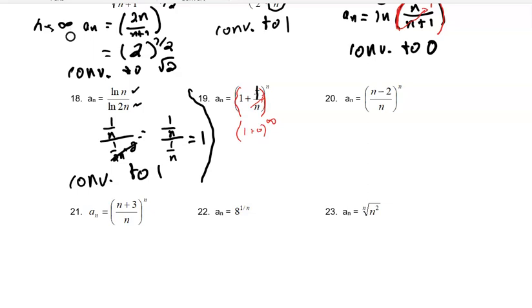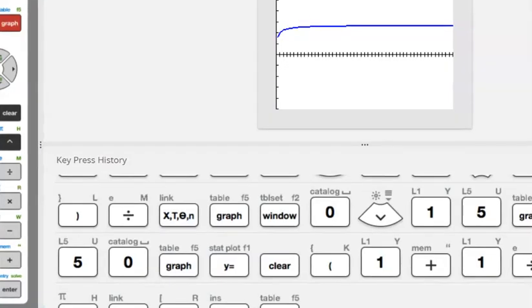And if I had a 1 raised to anything, you would have thought that this would have converged to 1. If we look at our calculator, however, here's 1. This thing is not approaching 1 at all. It's approaching up here. It almost looks like it's approaching 3, right? It kind of looks like it's leveling off towards 3. All right, so that's weird.